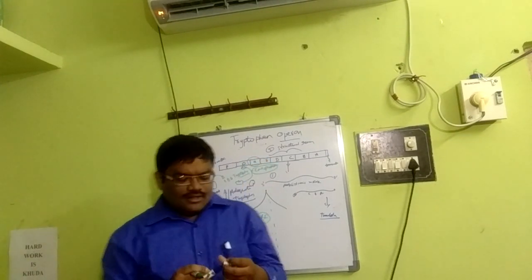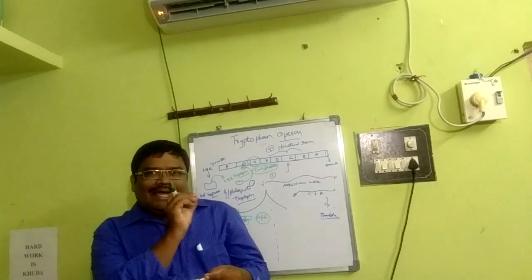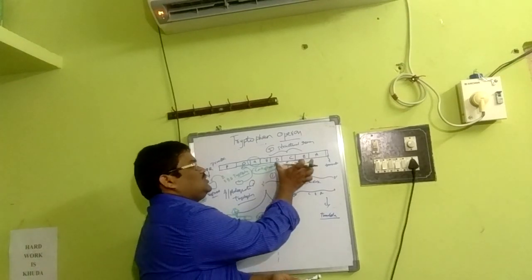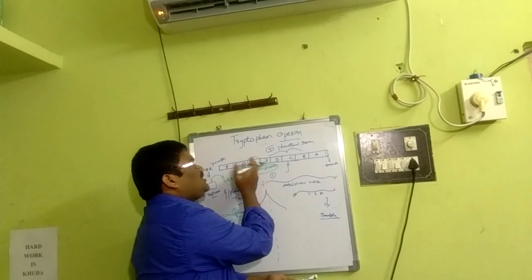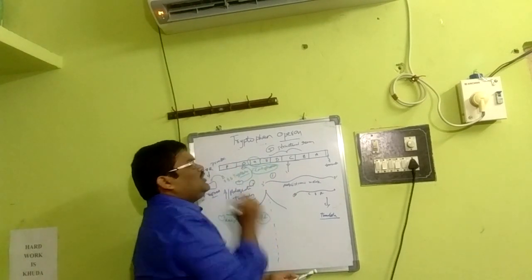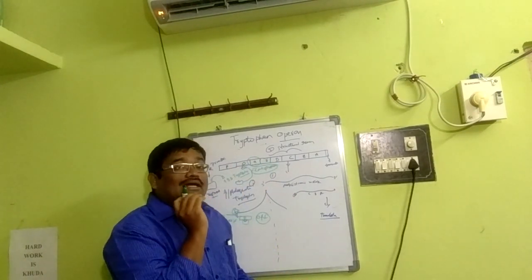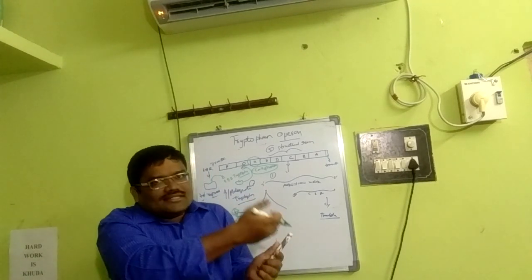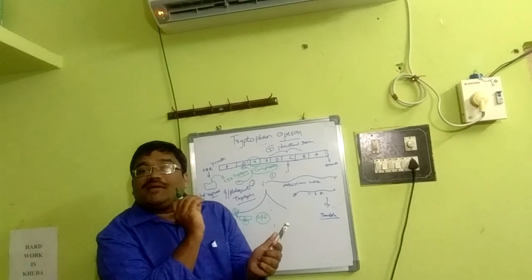Attenuation, in the sense that here there is a leader sequence. These are structural genes, and upstream to the structural genes there is an attenuator region, and this leader sequence will be transcribed into the mRNA at the 5' end.